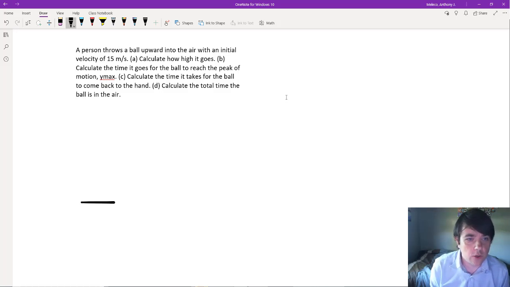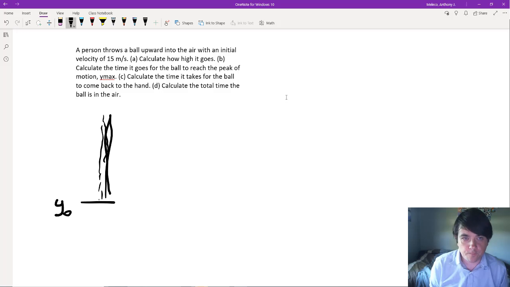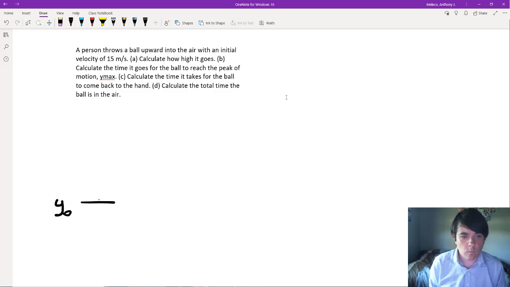So let's look at this. Real quick, we're going to draw it, okay? So we're starting at y initial. We throw the ball up, and then it comes back down, right? So it goes up and back down. What I'm going to do is draw this like this. Now keep in mind there is no x distance here.